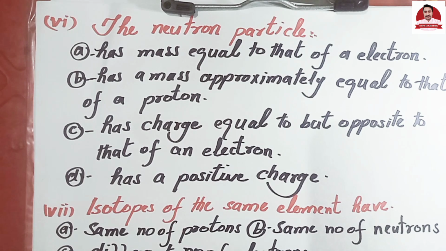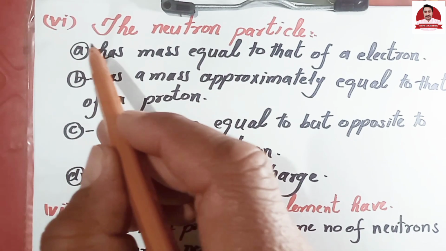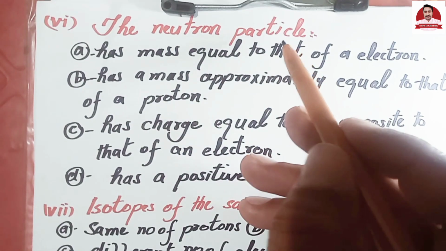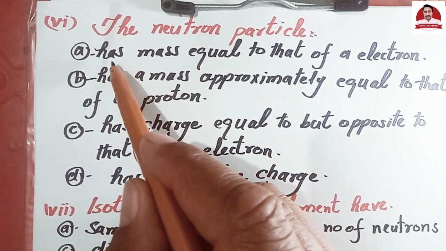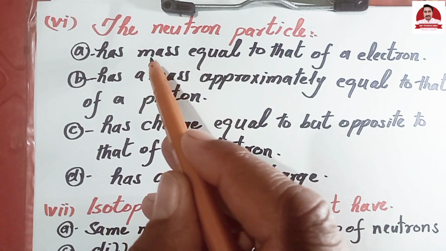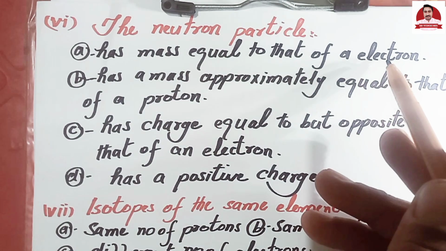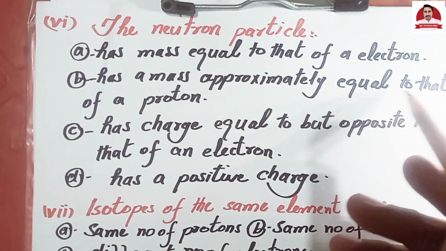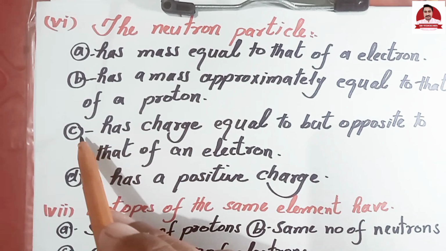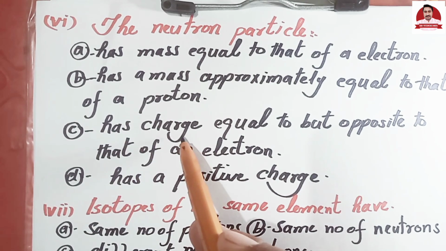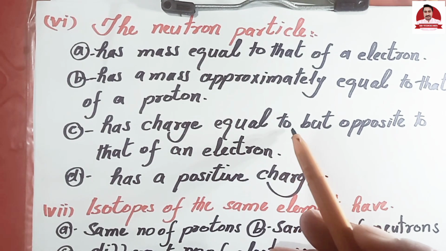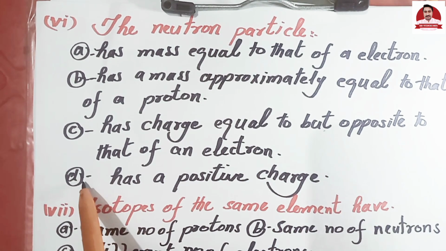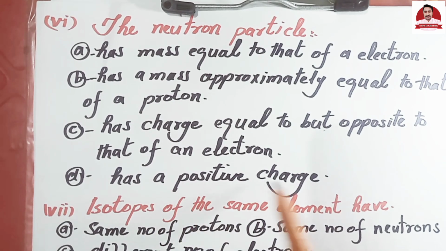Next, number 6, the neutron particle: option A, has mass equal to that of an electron; option B, has a mass approximately equal to that of a proton; option C, has a charge equal but opposite to that of an electron; and option D, has a positive charge.